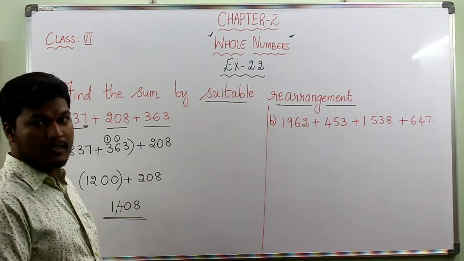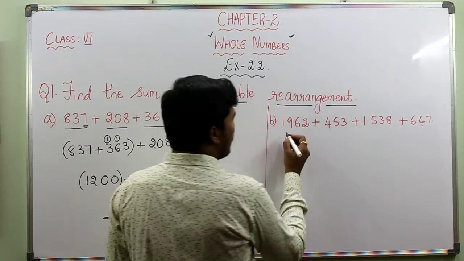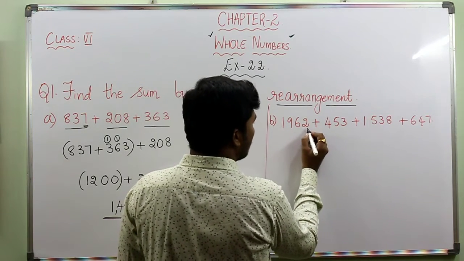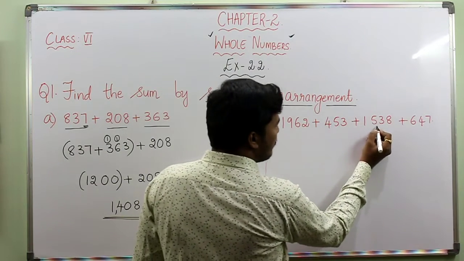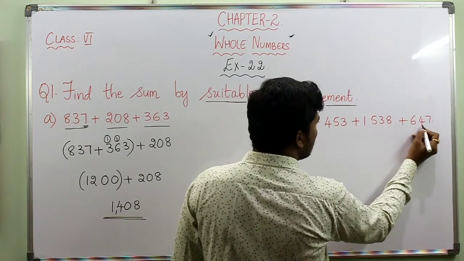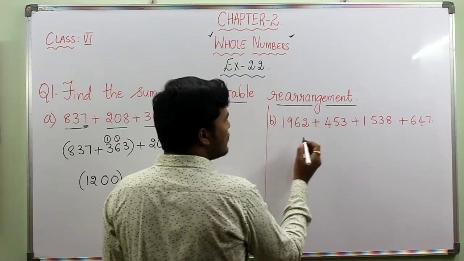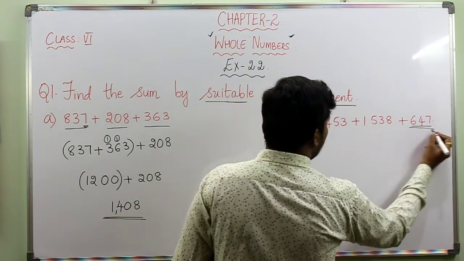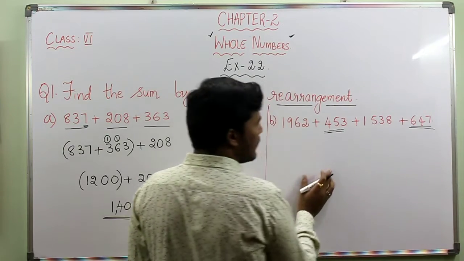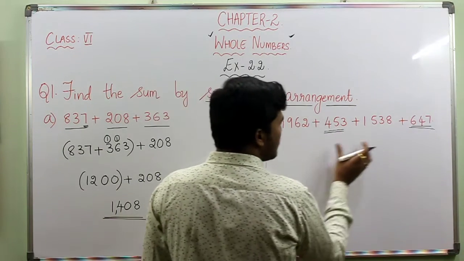Now let us see the second bit of this: 1962 plus 453 plus 1538 plus 647. So in that, see here, I am taking this 647 and this 453 together because their sum is 10.